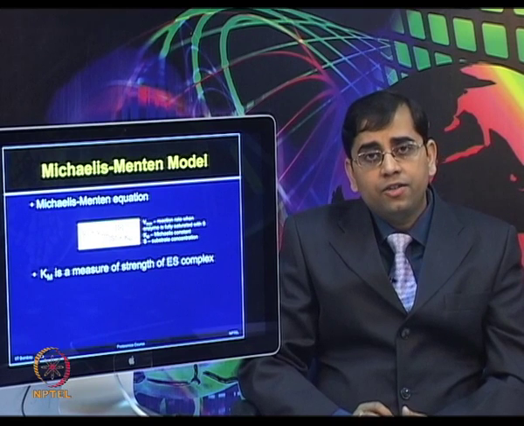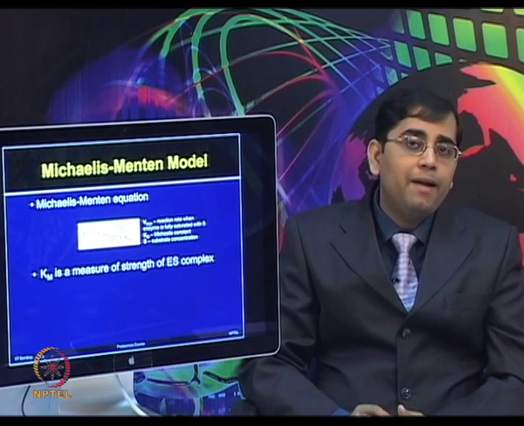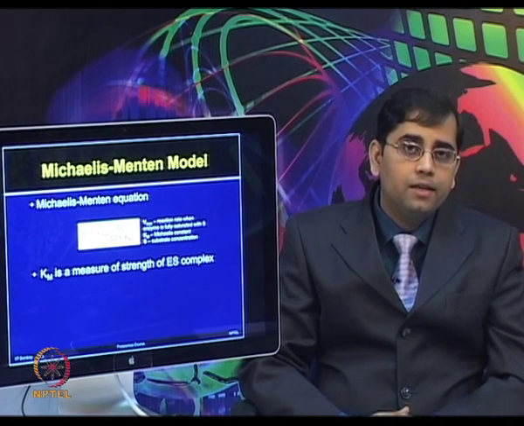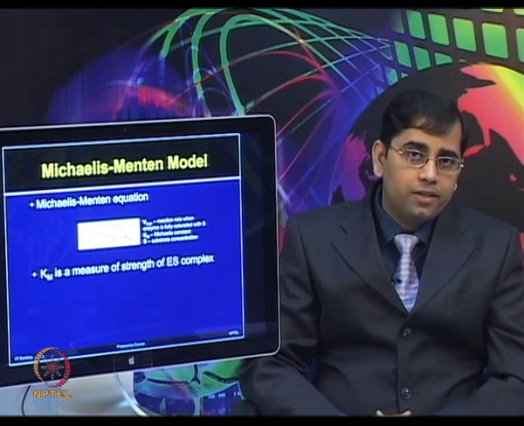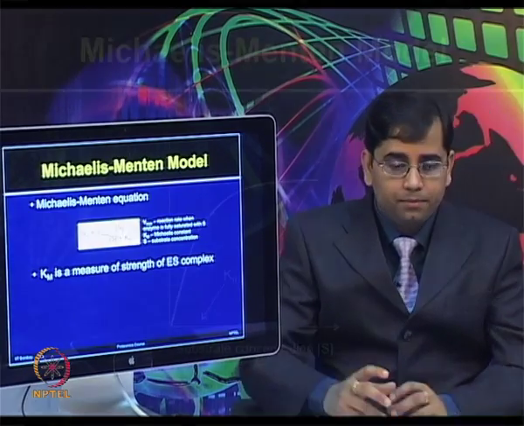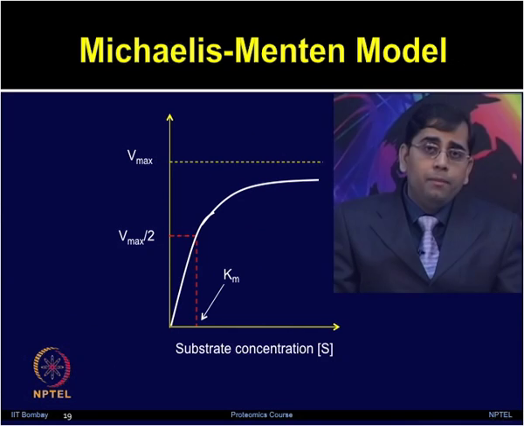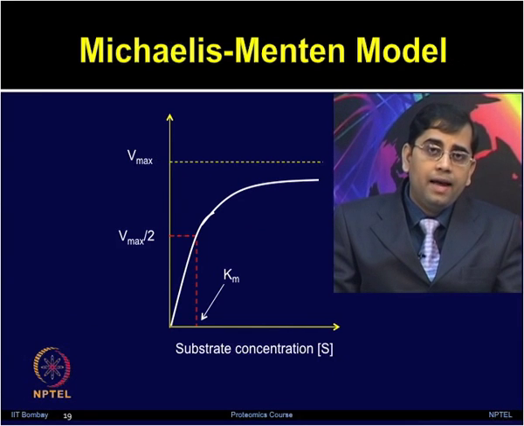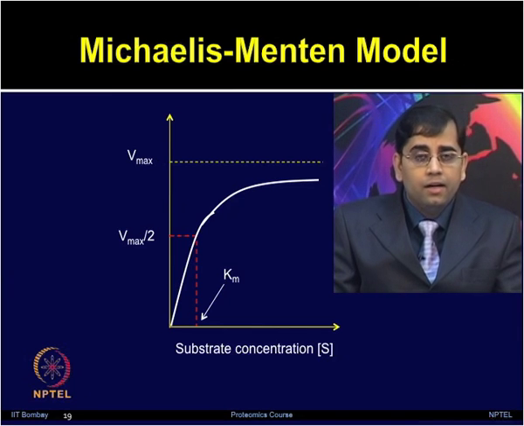So, substrate concentration at half maximal velocity is known as the Michaelis constant or Km. As you can see in the graph, the Km is a measure of the strength of the enzyme substrate complex. So, higher Km indicates weaker binding and low Km is strong binding.